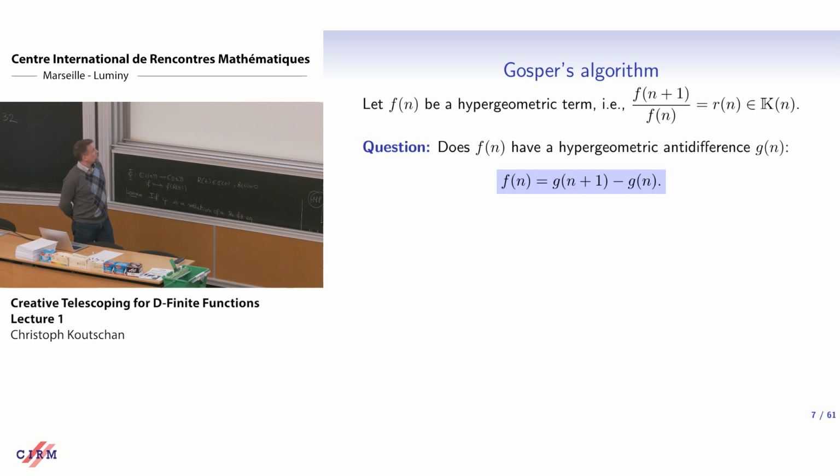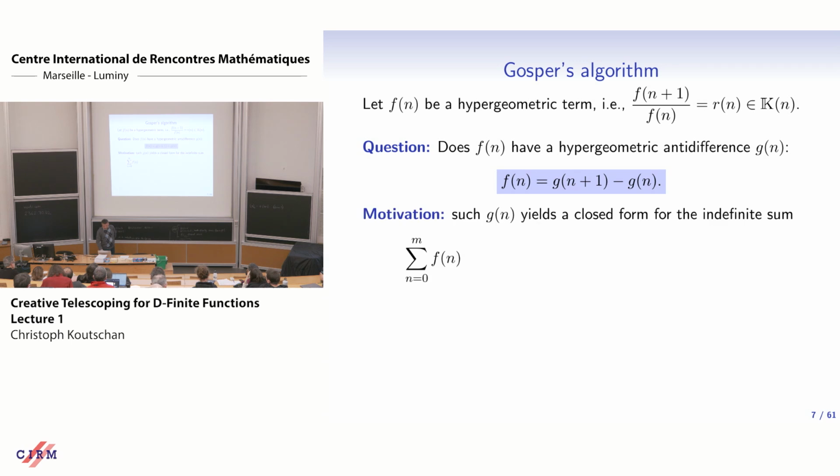By antidifference, I mean g of n plus 1 minus g of n. Can we write f in this form, where g of n is again a hypergeometric term? This is very similar to the indefinite integration problem, where you look for an antiderivative of a given function, a function whose derivative is your integrand.